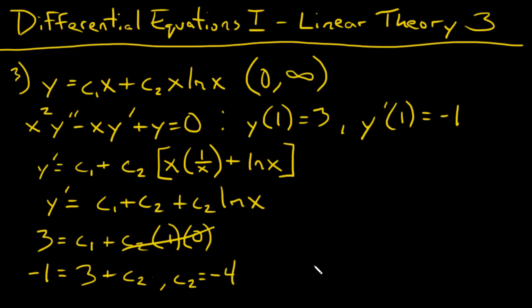Okay, so my solution is y equals 3x, well, that's my c1, minus 4x natural log x. And there you go. That was number 3 in a nutshell. So it's just kind of a refresher of how we solve for our constants to get our particular solution. Not too bad. So let's move on to the next one.